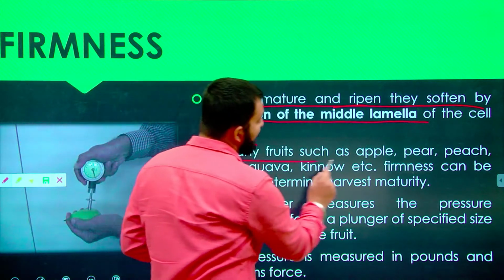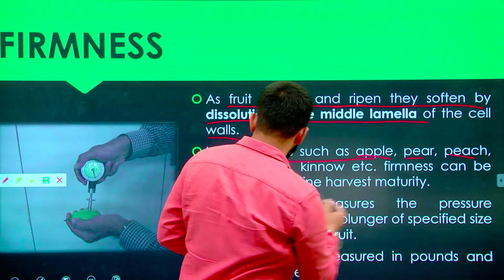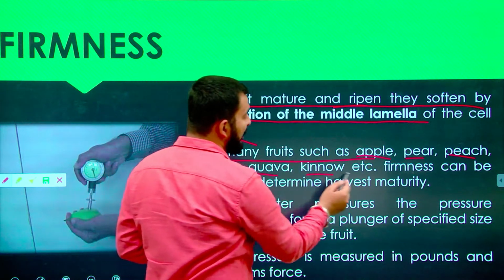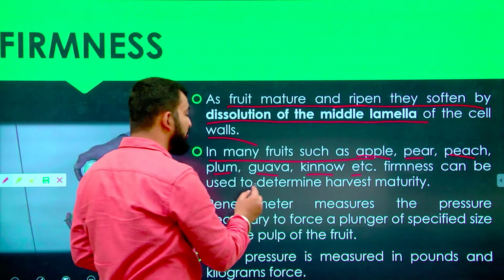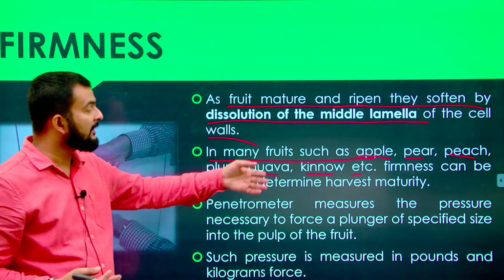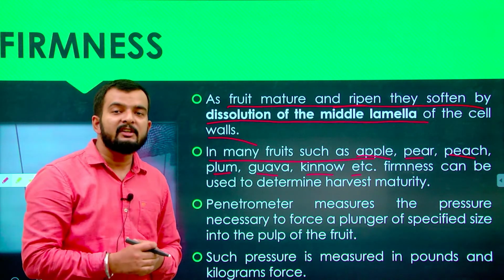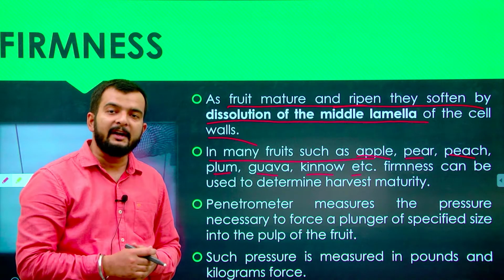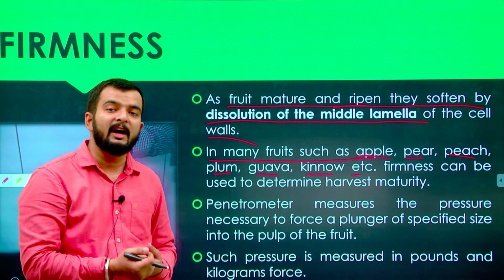In many fruits such as apple, pear, peach, plum, guava, quince, etc., firmness can be used to determine harvest maturity. So in all these fruits, and there are many more, you can measure the firmness of the fruit in order to find out if they are mature enough to be harvested.